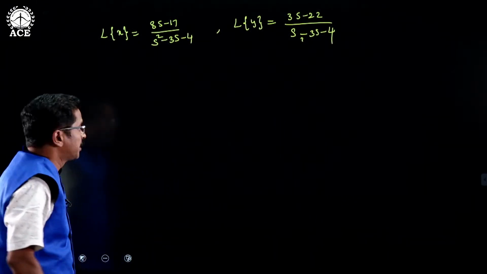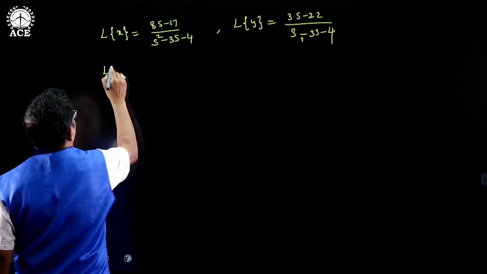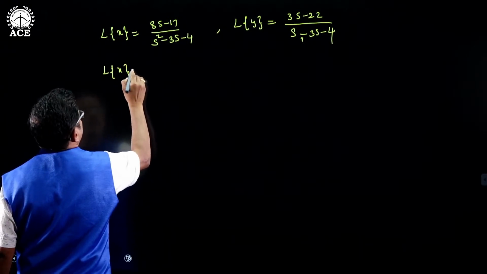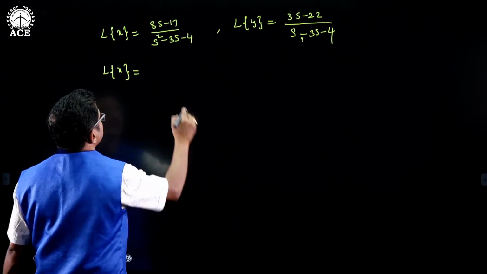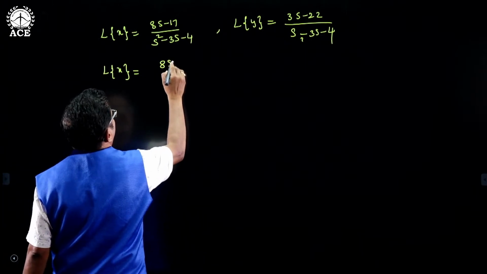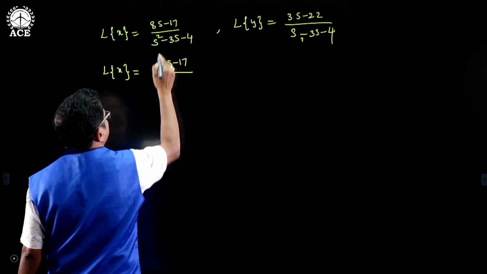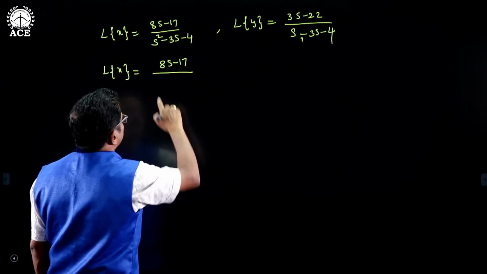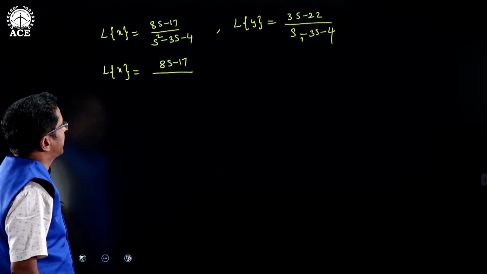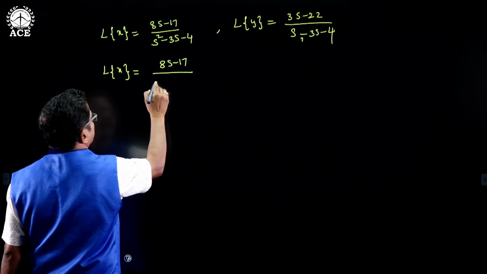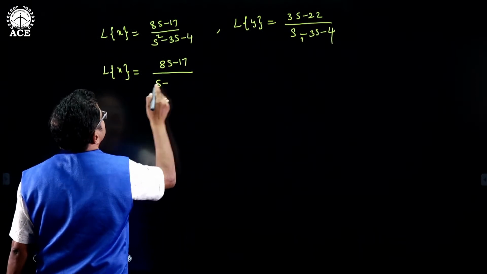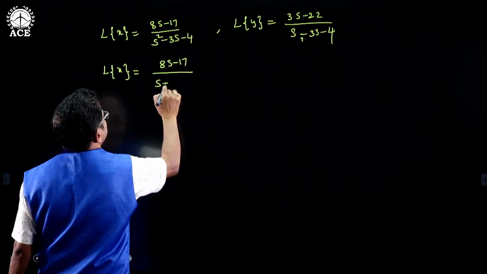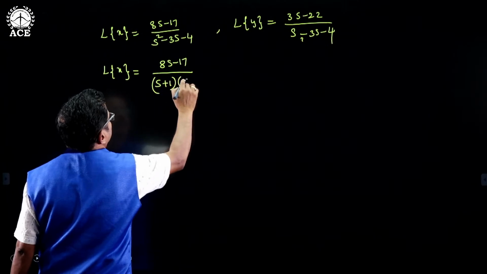Again you have to factorize it. L of x is 8s minus 17 by s square minus 3s minus 4.